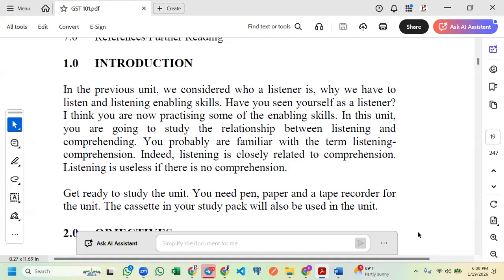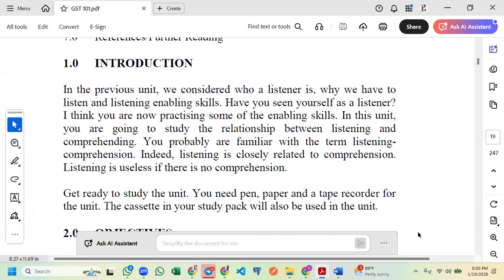Okay, so the introduction. In the previous unit, we considered who a listener is, where we have to listen and listening enabling skills. Have you seen yourself as a listener? I think you are now practicing some of the enabling skills. In this unit, we are going to study the relationship between listening and comprehending.